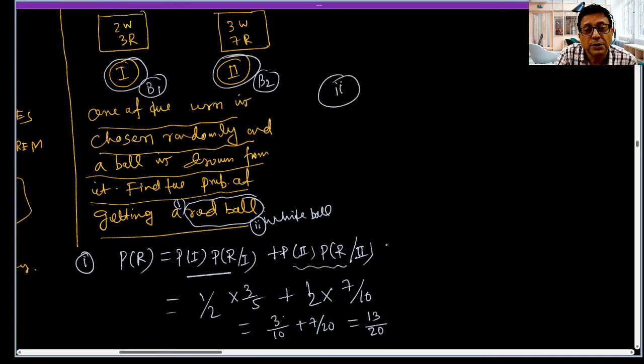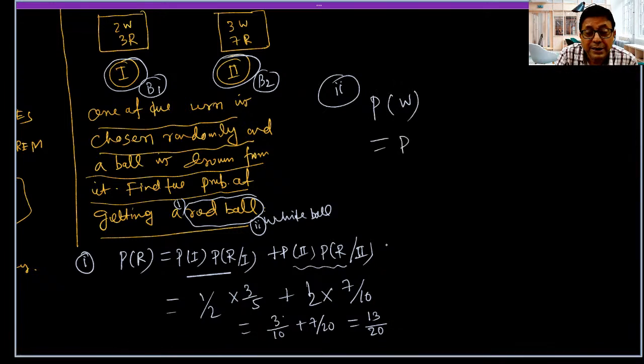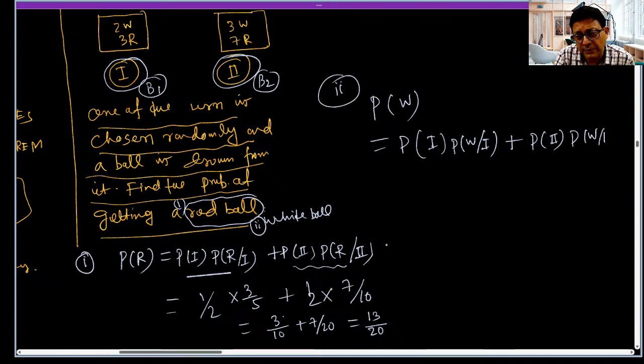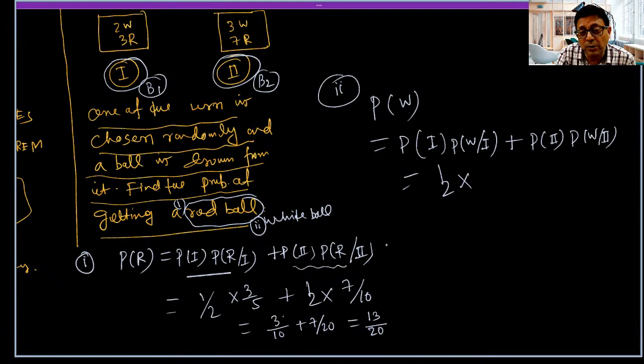Number 2, you are going to find the probability of a white ball. Again, in the same manner: first turn, white from there, plus second turn, and white from there. What is that? Probability of first turn is half. White, how many white balls? 2.